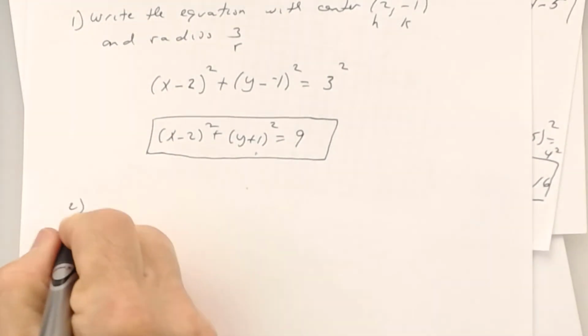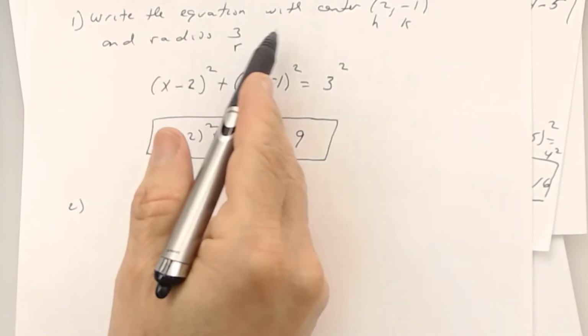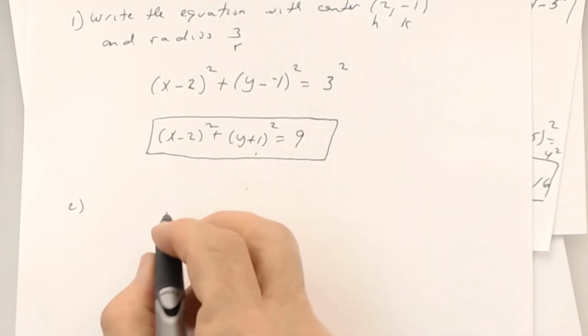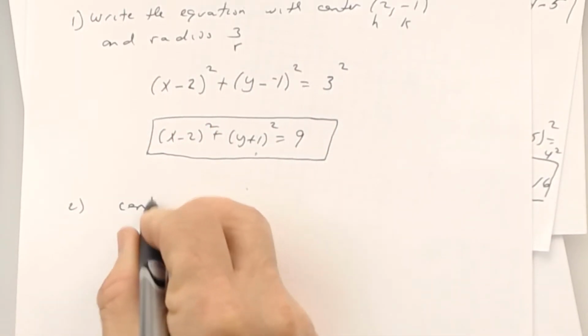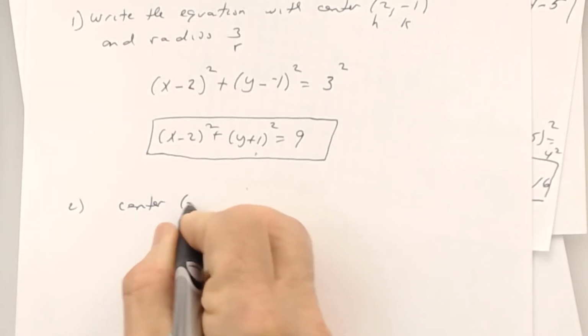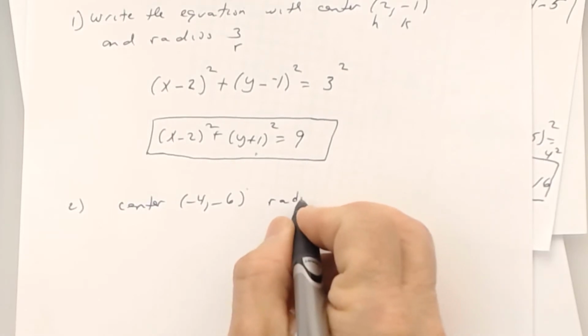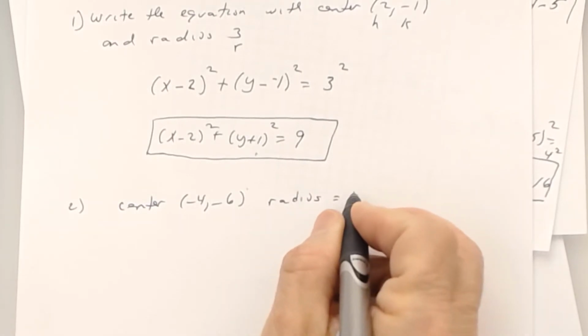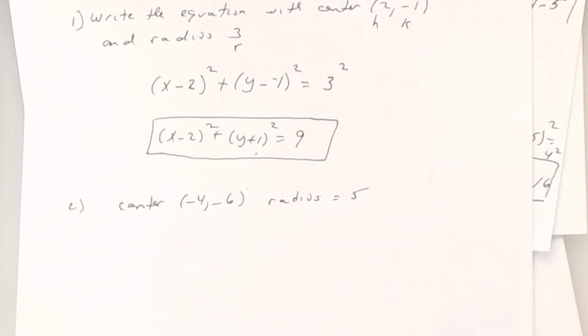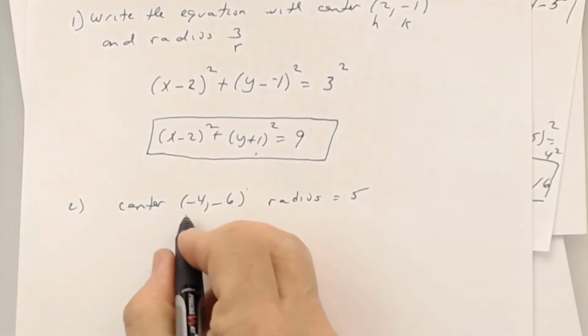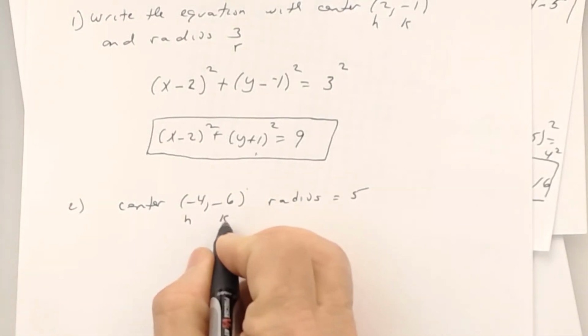Okay, number 2, same thing. Write the equation with center, let's say this time the center is (-4, -6) and the radius is 5. Okay, what does a -4 represent? h. And what does a -6 represent? k.